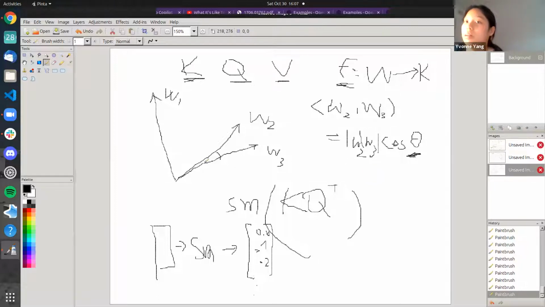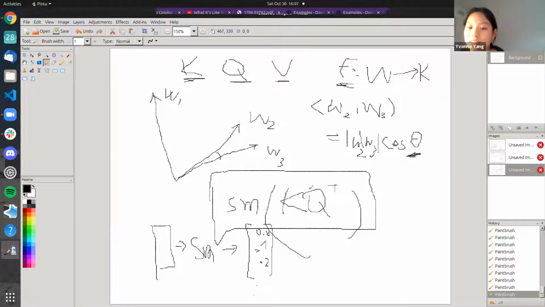So back to the softmax function, right? What is this doing so far? It's finding the similarity between K and Q, and then it's doing basically a max function.